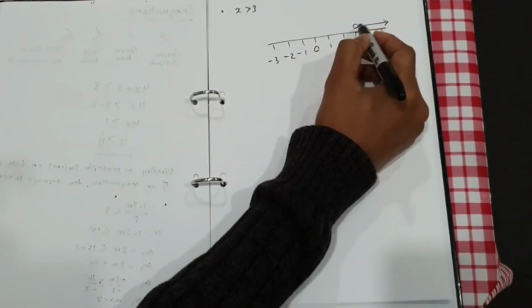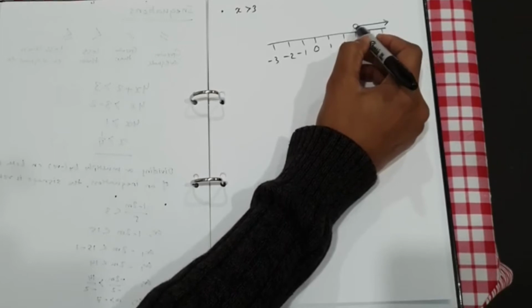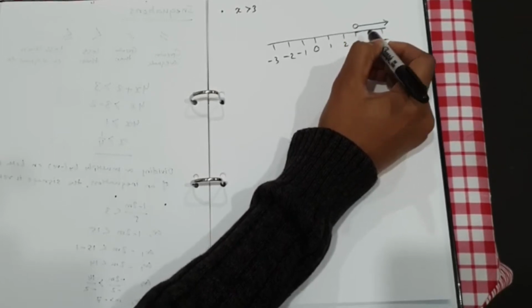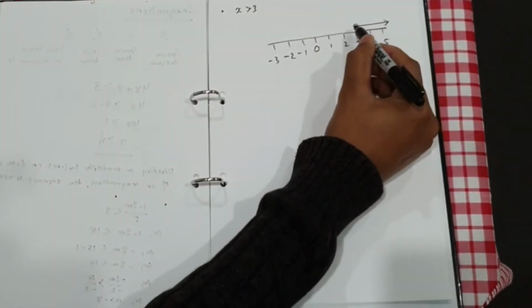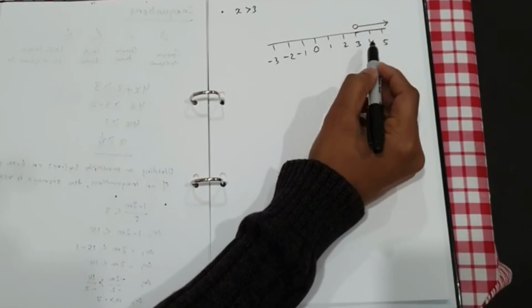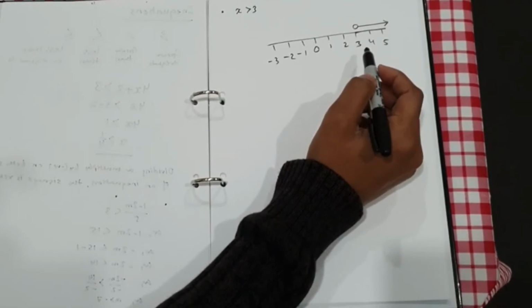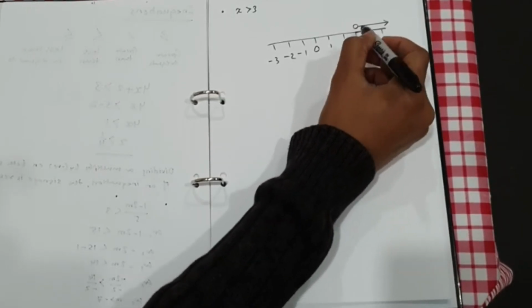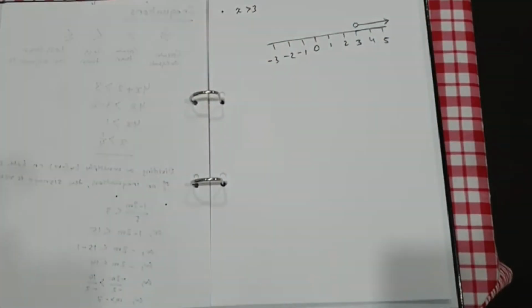So which means that the values of x does not include 3 itself. It includes everything beyond 3. Right? And because we do not know whether x belongs to real numbers or rational numbers, integers or not, we just take everything beyond 3. This is a real value. If it was only integers, then it would start with 4.